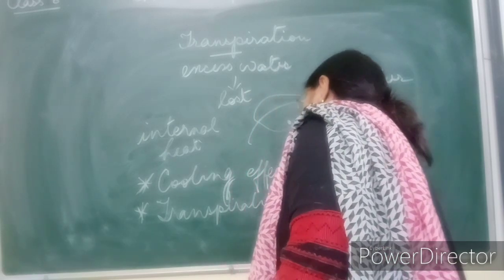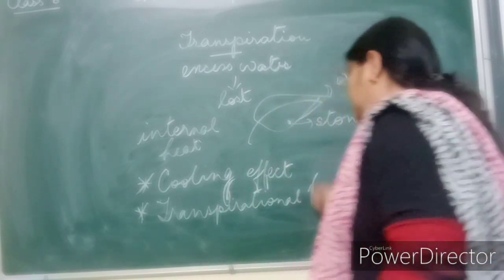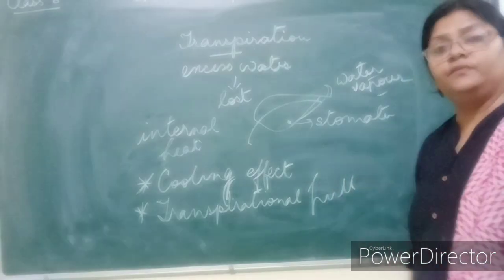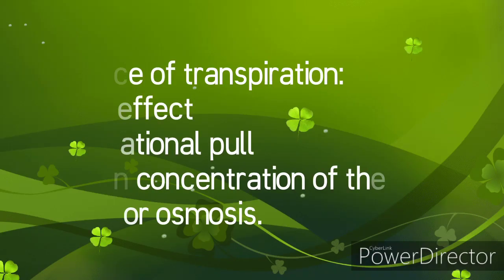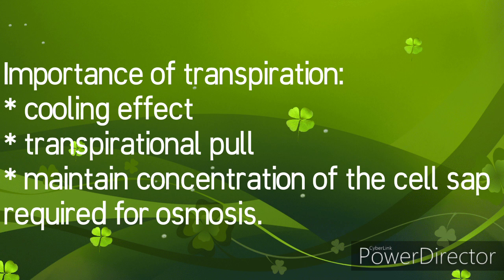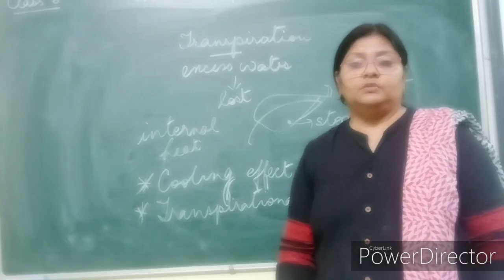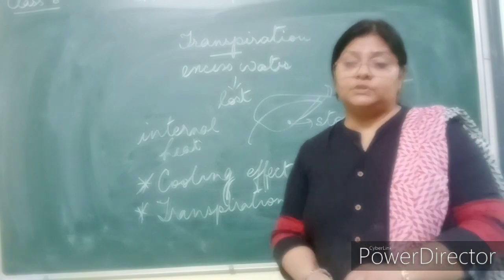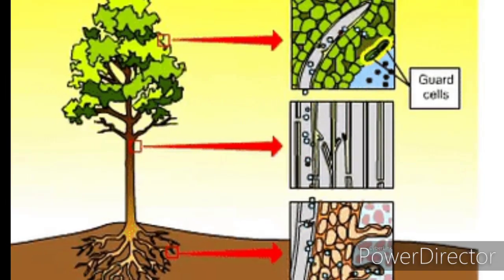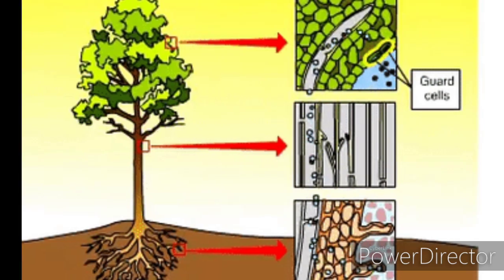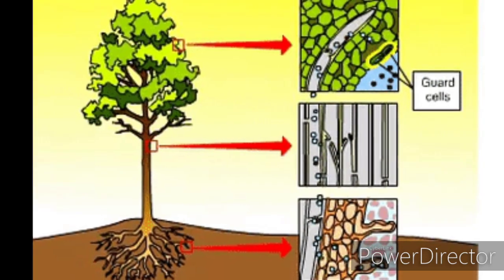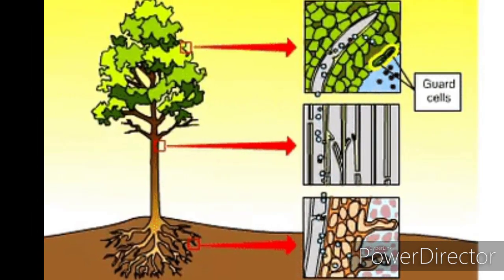The transpirational pull helps in ascent of sap. So because of this, transpiration is very important, and so the rate of transpiration is also important for the plant, because the speed of the transpiration will also help the plant in absorbing water or pulling it up to the leaves.